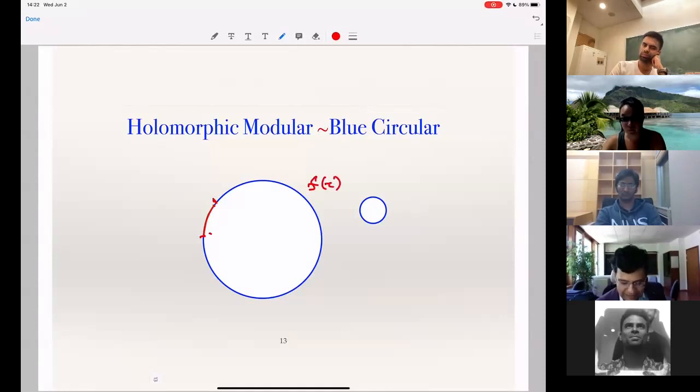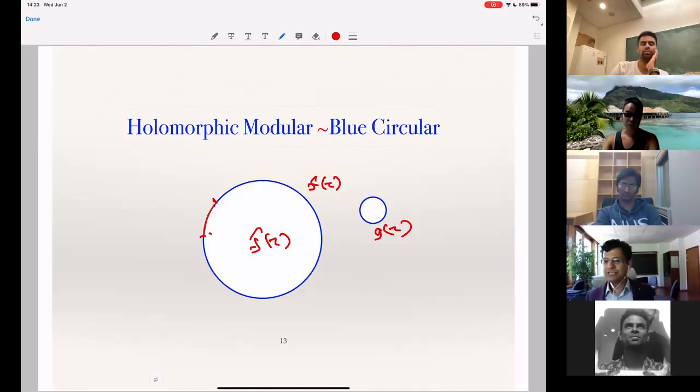The whole figure is like f hat of tau. And this little circular segment, you can construct out of some other little blue circle, which is like g of tau. So I think it's a pretty good geometric analogy: f hat of tau is like this figure which is not blue but is circular. f of tau is this figure which is blue but not circular, and g of tau is both circular and blue.